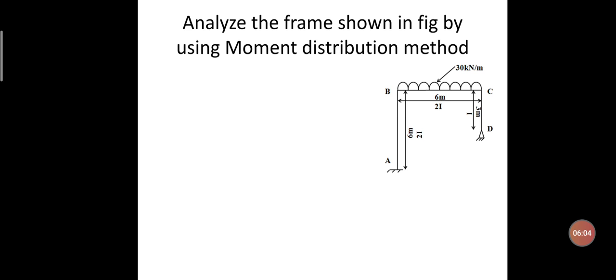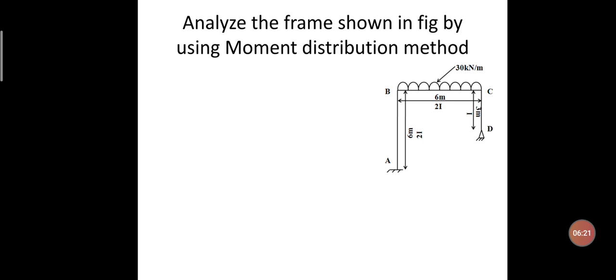Wherein AB and CD are not loaded with any type of loading, but BC is loaded with a uniformly distributed load of magnitude 30 kilonewton per meter with a span of 6 meters.